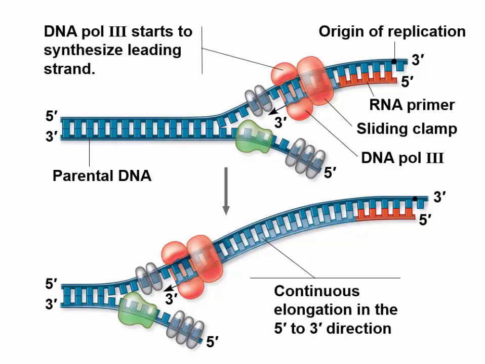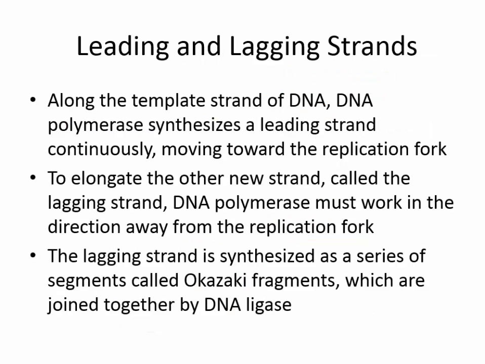There's a parental DNA on the left-hand side, and it's just like unzipping a zipper. So it just continuously elongates in the 5' to 3' direction. Along the template strand of DNA, DNA polymerase synthesizes a leading strand continuously, moving towards the replication fork.